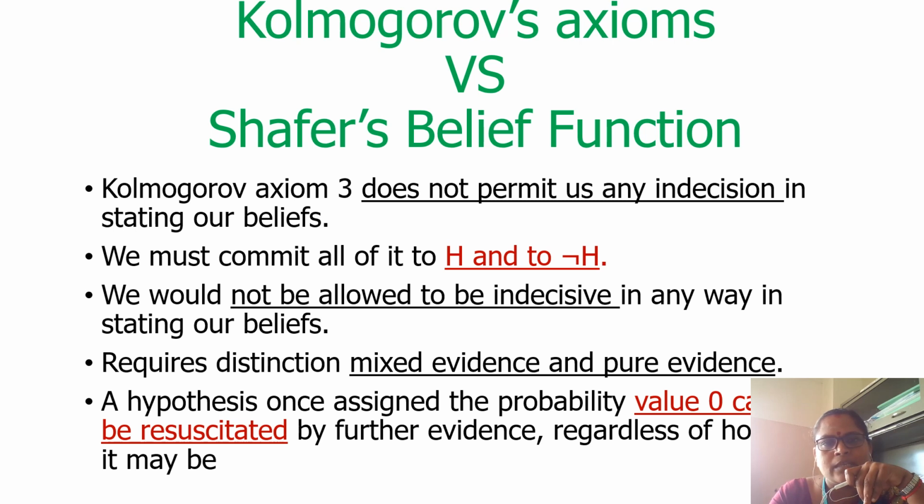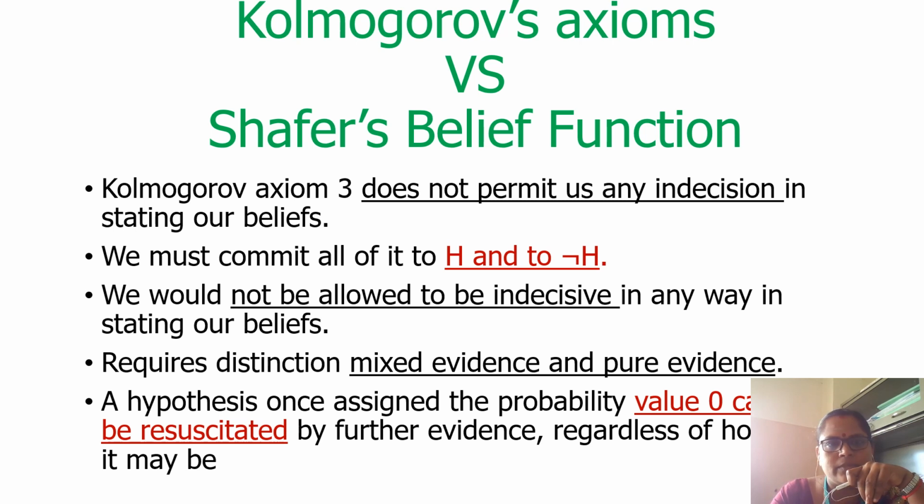What is the difference between the belief function stated by Shafer and the traditional Kolmogorov's axiom-based probability? Kolmogorov stated 3 axioms. They do not permit any indecision in stating our beliefs. We should be very clear in making commitments whether the hypothesis has occurred or not. We will not be allowed to be indecisive in any way.